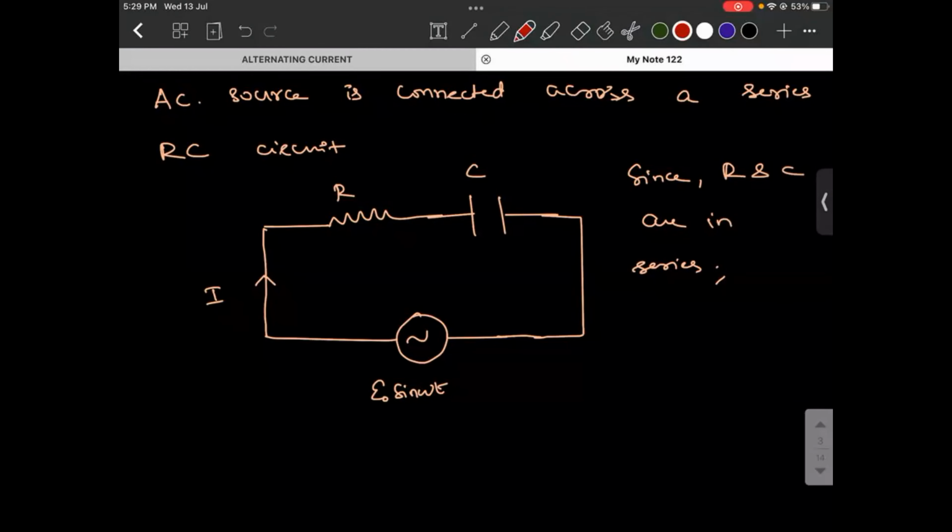So write it down, since R and C are in series, current through resistor and capacitor will be the same. So what current are we talking about? The alternating current. Write it down. Right. Since R and C are in series, the current through resistor and capacitor are the same. Okay.